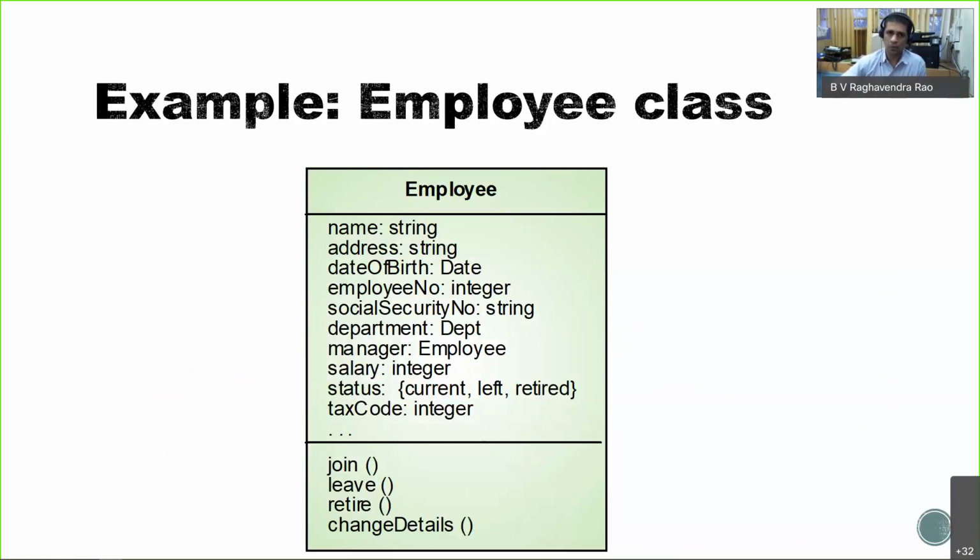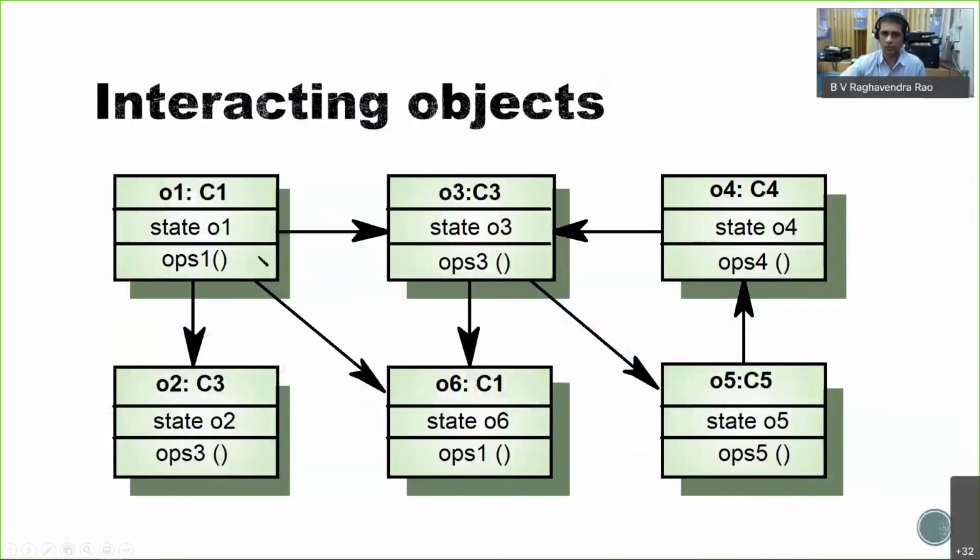So in UML, you write classes in a box, write their descriptions, and then draw their interaction. This one interacts with this one, which interacts with this one. It could be bidirectional also. Here it says that one of the methods from this class calls a method from here. If methods from this class also call methods from here, then it will be bidirectional.